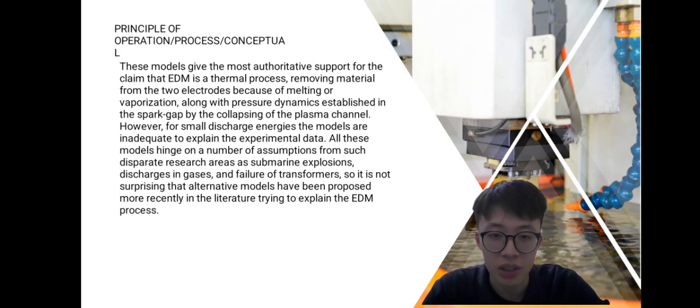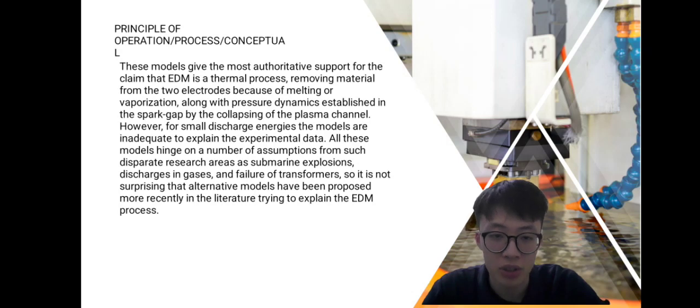These models give the most authoritative support for the claim that EDM is a thermal process, removing material from the two electrodes because of melting or vaporization, along with pressure dynamics established in the spark gap by the collapsing of the plasma channel. However, for small discharge energies, the models are inadequate to explain the experimental data.